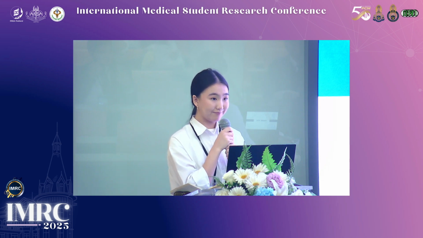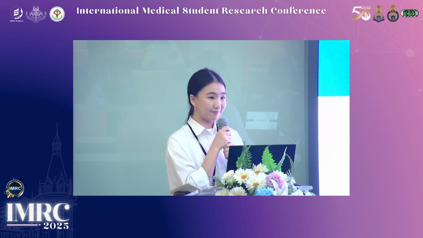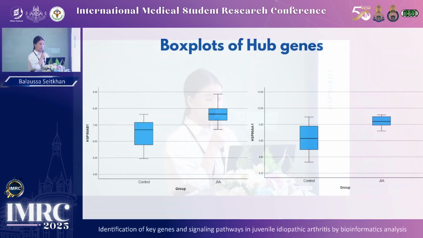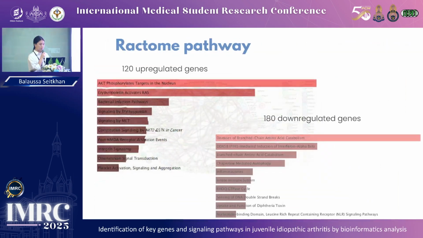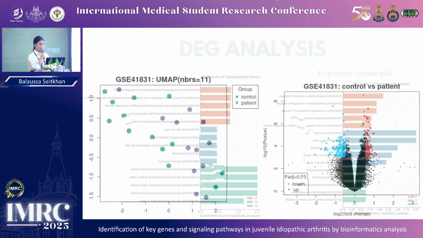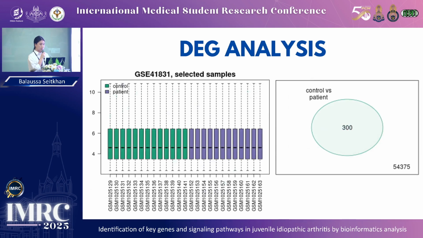Thank you for your nice presentation. I have a question: how did you select the 300 genes? Because I saw from the Venn diagram that there is no difference between the number of genes in the sample and the control. Yeah, of course, it's a DEG analysis.